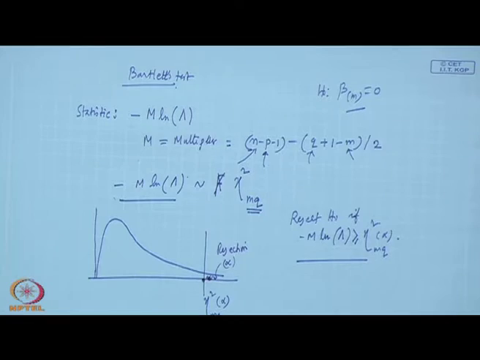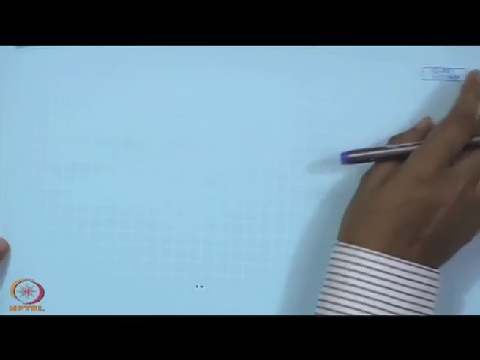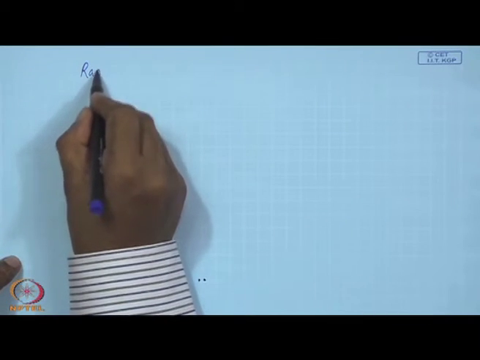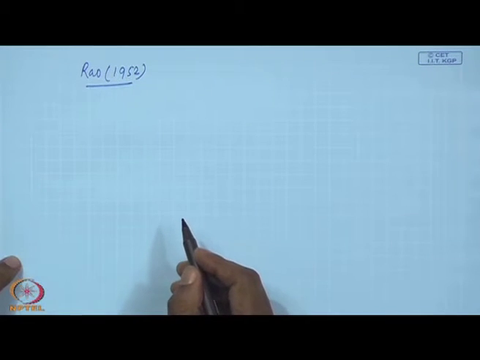Okay. Now, the second one is Rao's statistic. In 1952, Rao gave a similar statistic for Wilks' lambda.